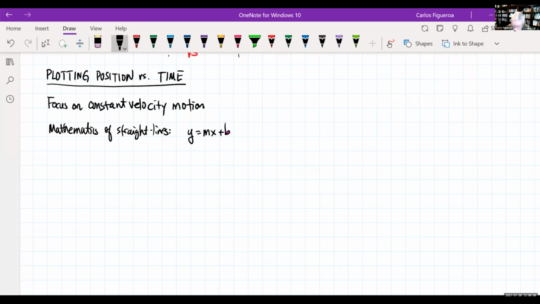And what we're really saying here is that when I plot this thing, there's going to be some intercept, and this line here is going to have some slope. And what we know about the slope is it's the rise over the run when we're plotting y versus x like this here.